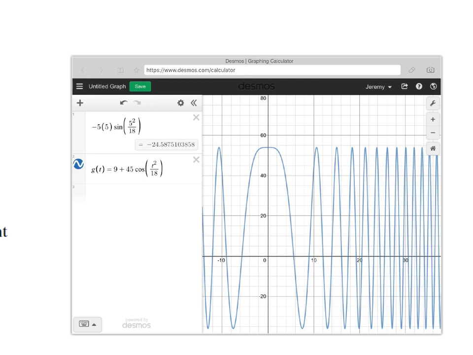So what we can do is ask Desmos to find G, and it understands prime. I think I need a shift. Prime of 5. And there you go. So Desmos or TI-Nspire or Wolfram Alpha will do this as well. Your CAS calculator will find this.